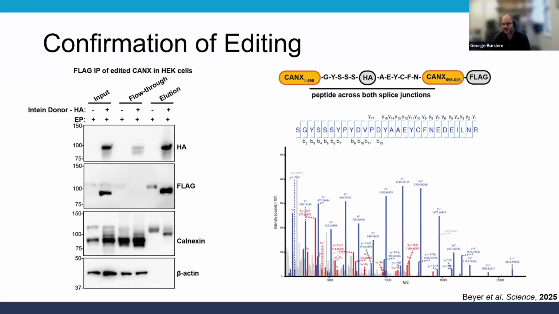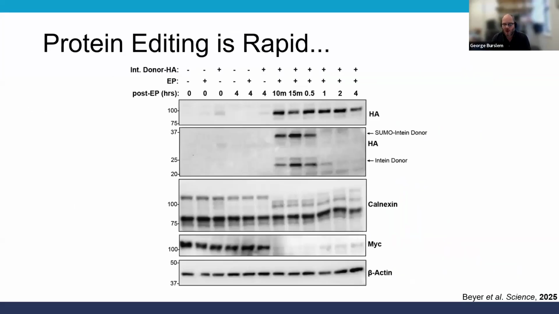We decided to see how fast this was. As I said, we wanted it to be rapid. In vitro, intein pairs splice on the timescale of seconds to minutes. We thought it would be slightly slower in mammalian cells, but we were wrong again. Basically, as fast as we can run the experiment, the reaction seems to be complete. This is 10 minutes after electroporation of the donor into those same cells.